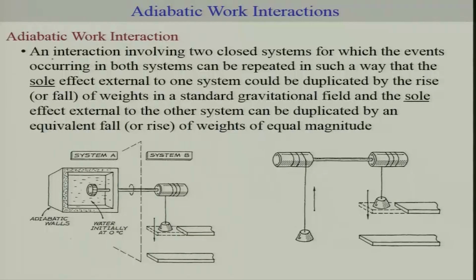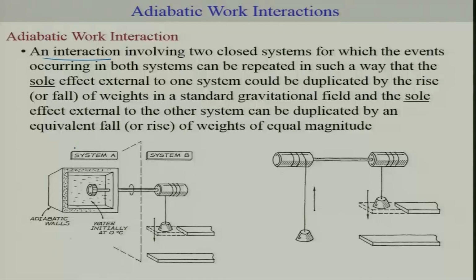This is an interaction between two closed systems for which the events occurring in both systems can be repeated in a way that the sole effect external to one system could be duplicated by the rise or fall of weights in a standard gravitational field, and the sole effect external to the other system can be duplicated by an equivalent fall or rise of weights of equal magnitude.